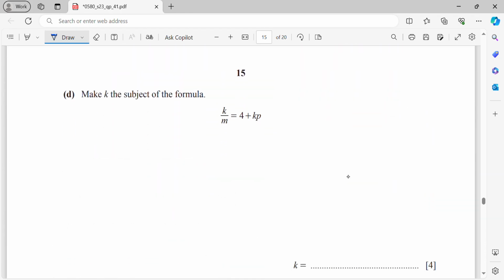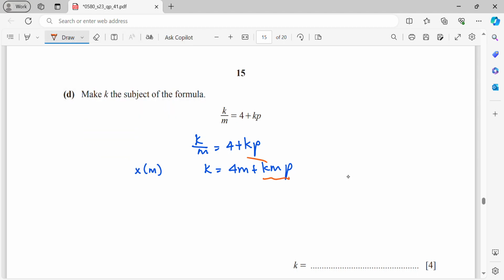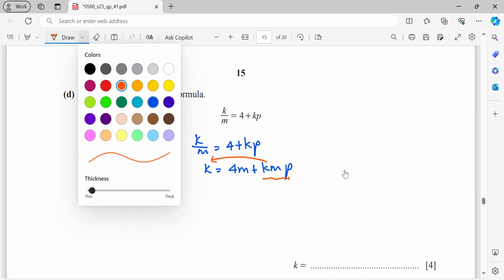Okay, now next part, make K the subject of the formula. So K over M equals 4 plus Kp. Right, so I multiply the whole equation by M first. So K equals 4M plus Kmp. Then the Kmp, because we need to make K the subject, I move it to the other side.